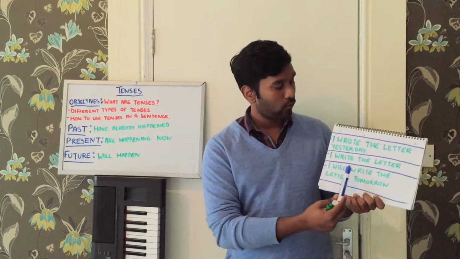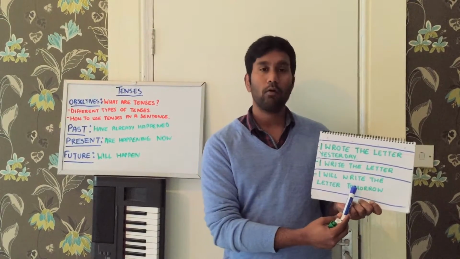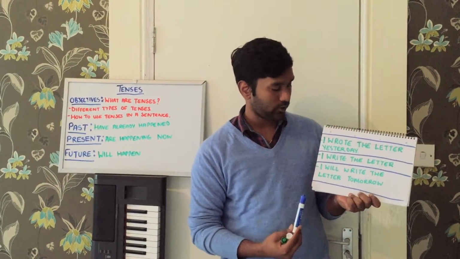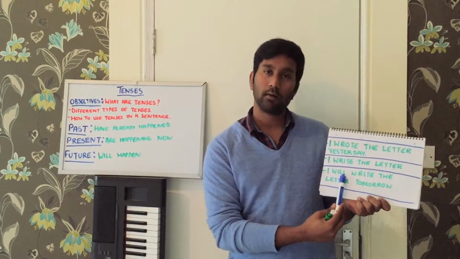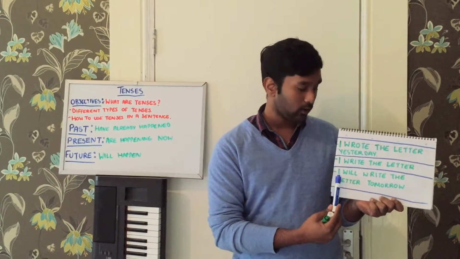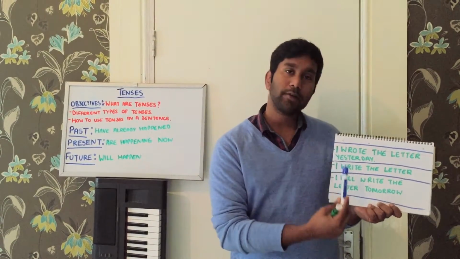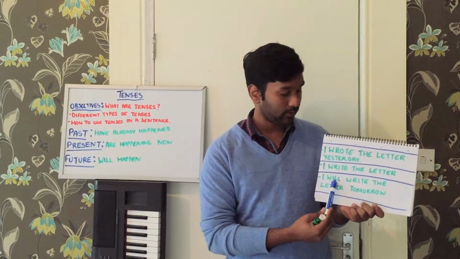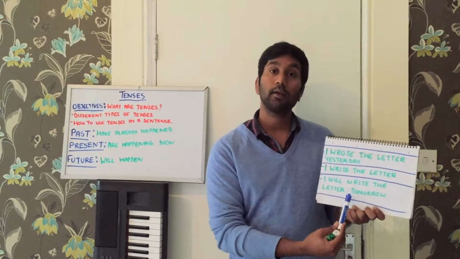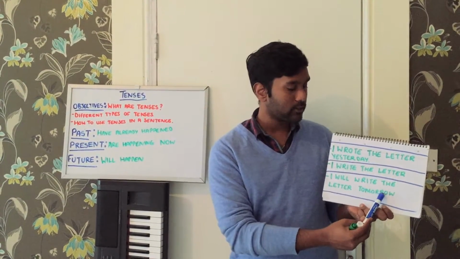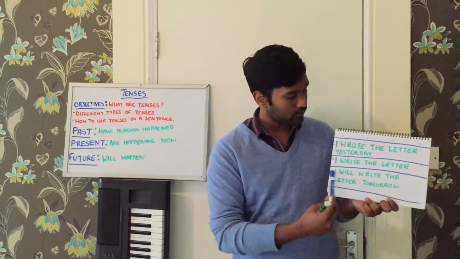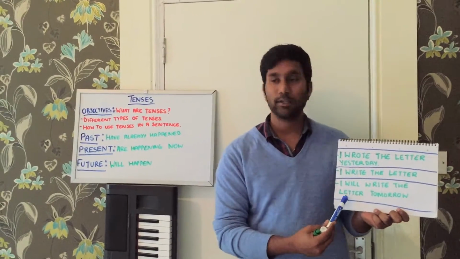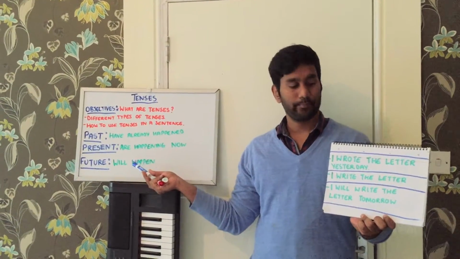I will write the letter tomorrow. So what is the action here? I will. So he's stating that he is going to write the letter. So he's not writing it now, he will write it. And the time is tomorrow. So this indicates that it's going to be the future. So this sentence is based on future tense.